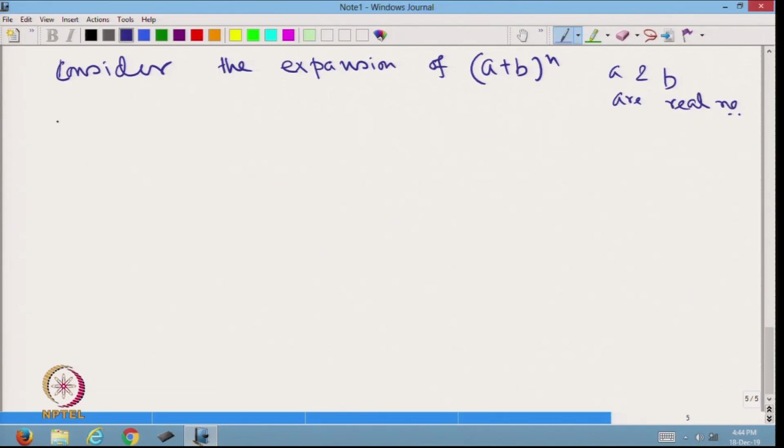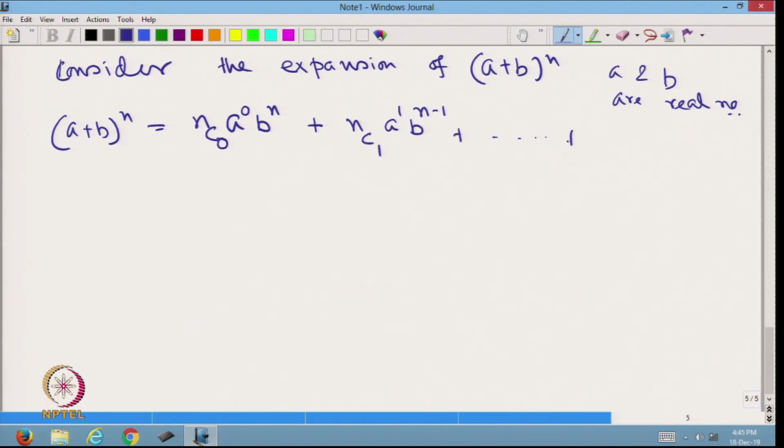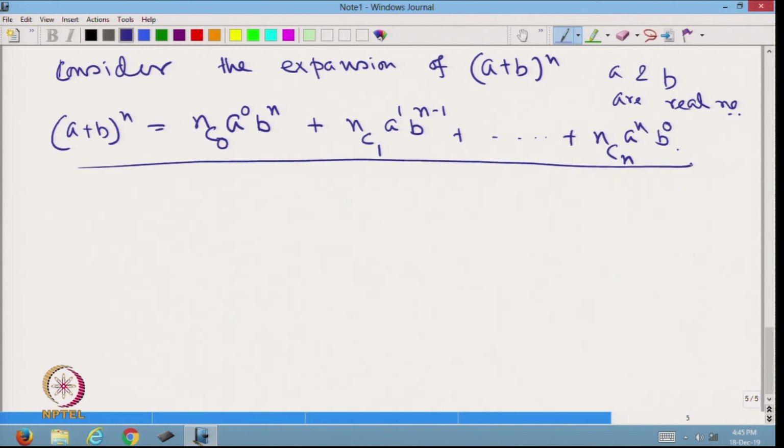We know that a plus b whole to the power n is equal to n c 0 a to the power 0 b to the power n plus n c 1 a to the power 1 b to the power n minus 1 plus up to n c n a to the power n b to the power 0. All of us have seen such a binomial expansion.